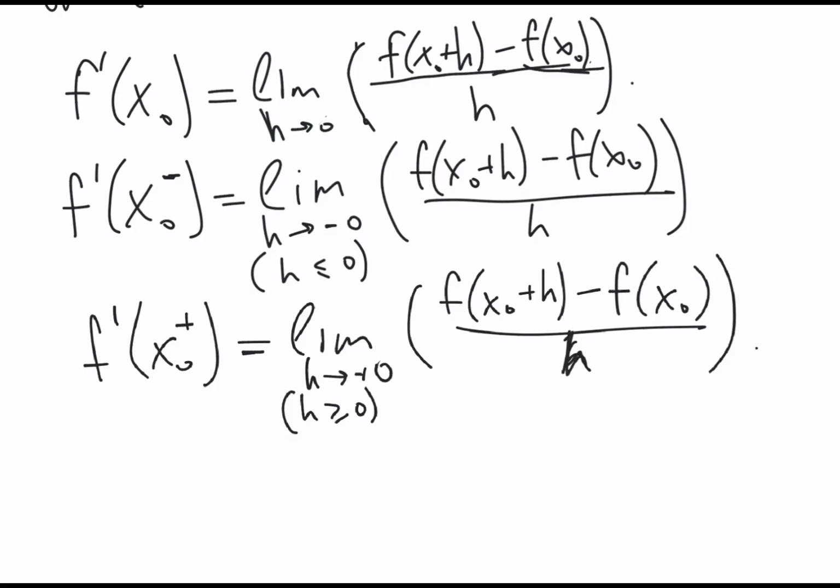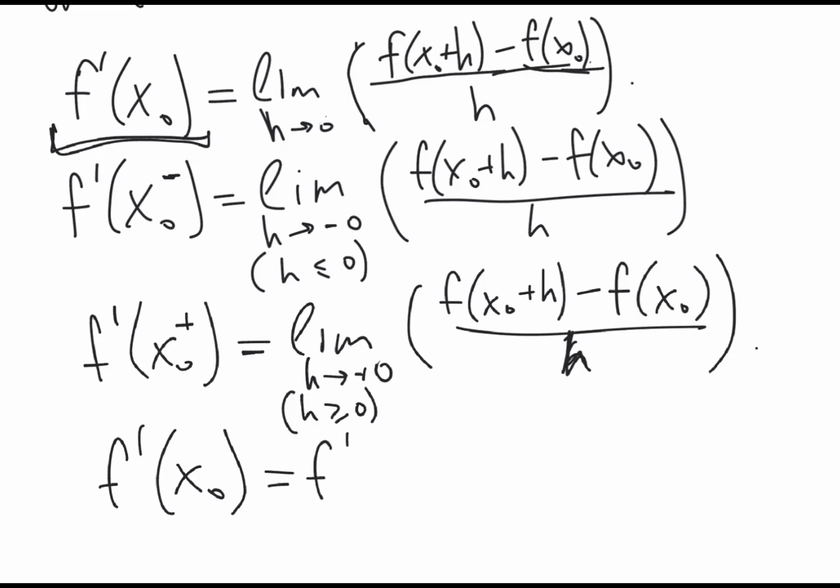Since the full derivative exists, it must be equal to both the right-hand derivative and the left-hand derivative. So the derivative of f at x0 is equal to f prime at x0 plus, and is equal to the derivative at x0 minus.